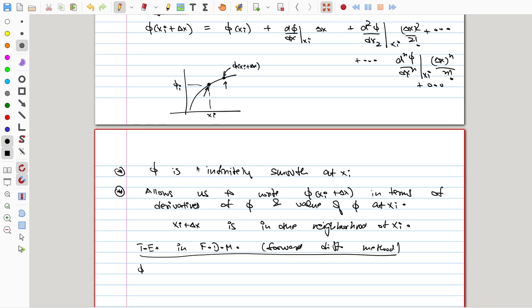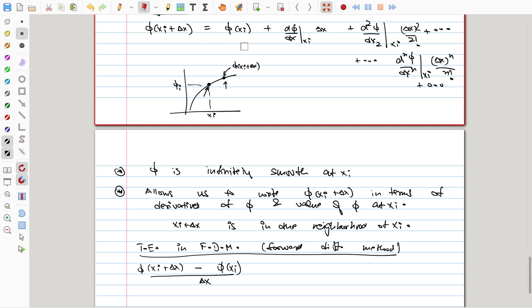So, forward difference was phi at xi plus delta x minus phi at xi divided by delta x, right? That was forward difference. So, what I have done is I have taken this term on the left hand side and divided by delta x. That will give me the derivative approximation for the forward difference method.